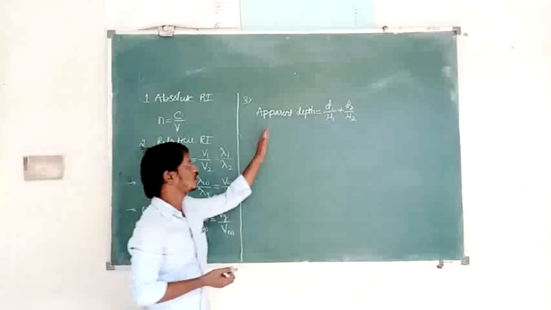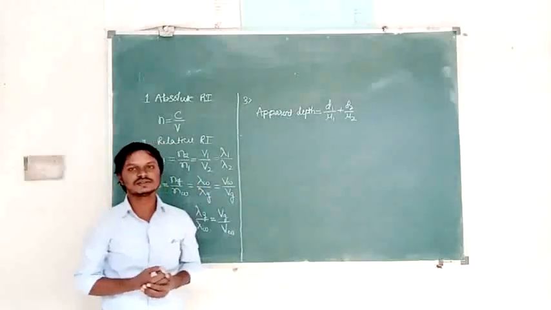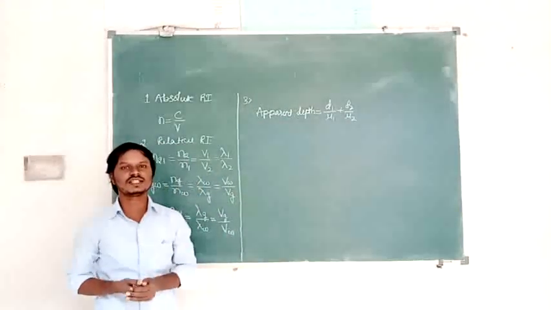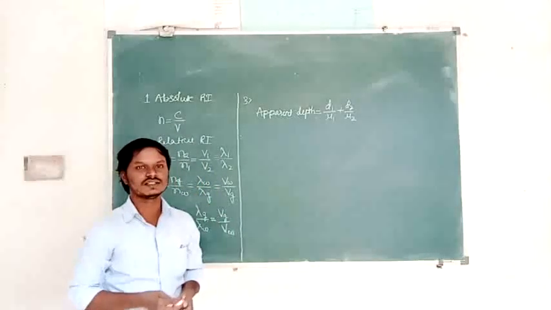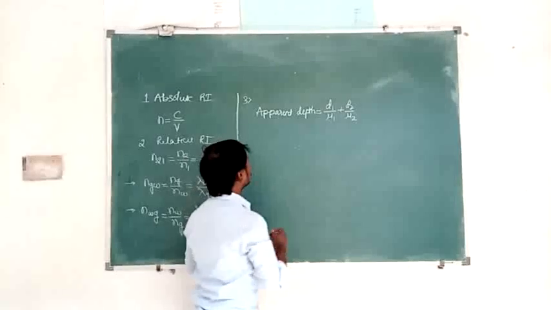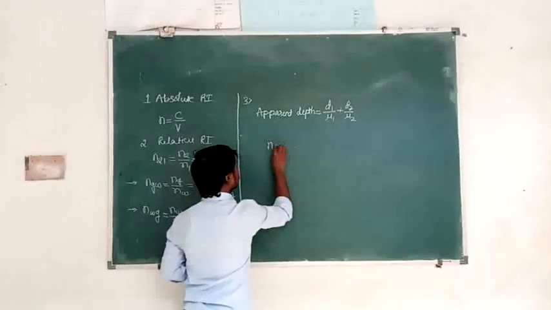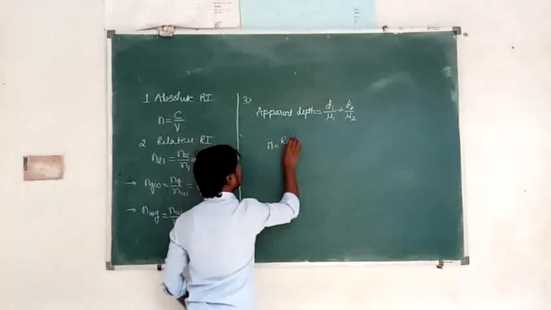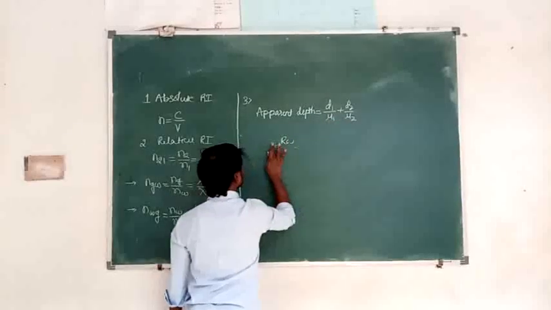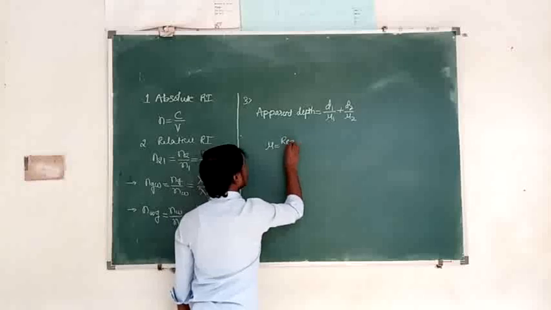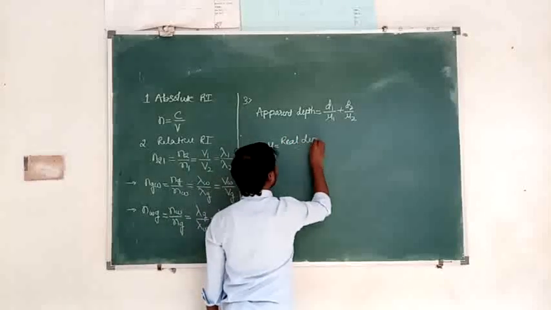So it is the formula to find the apparent depth. Already we know the refractive index, apparent depth and real depth, and the object is in denser medium and observer is in rarer medium. So here the refractive index is equal to real depth divided by apparent depth.